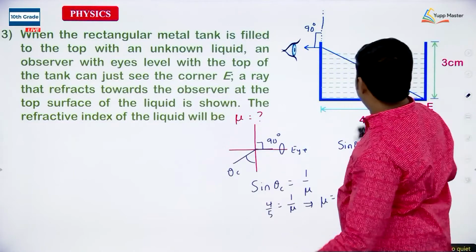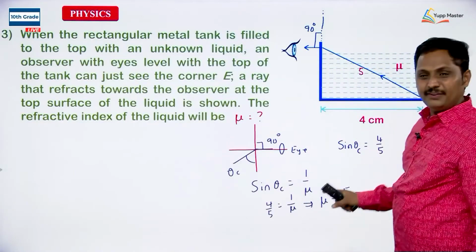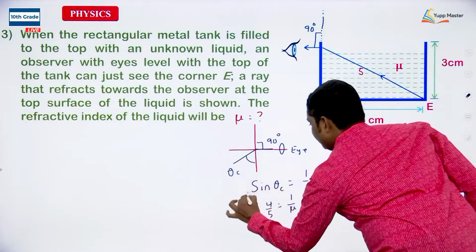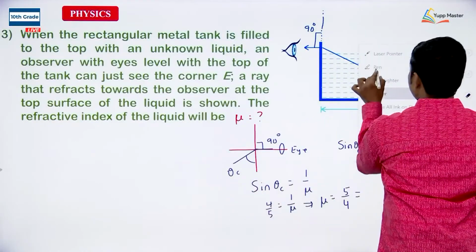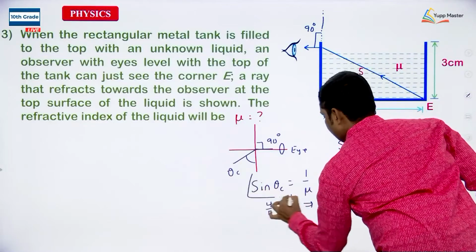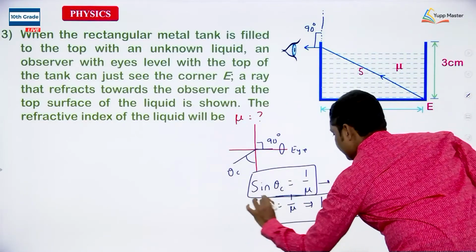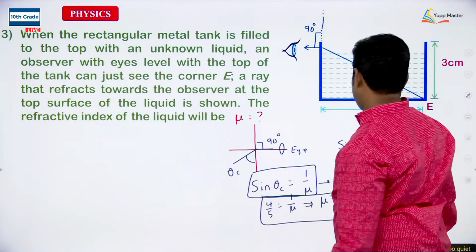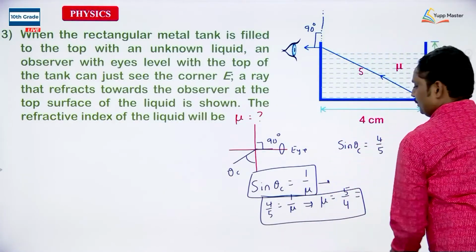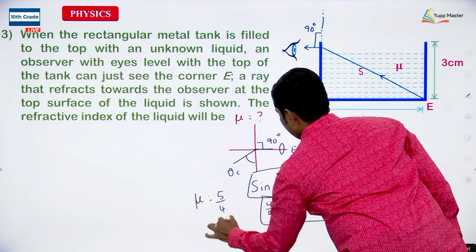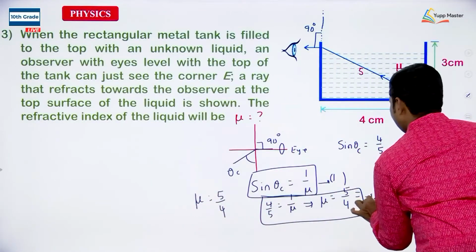After getting that identification, it is very simple to calculate. So this is the first one, and the second one: mu is equal to 5 by 4.